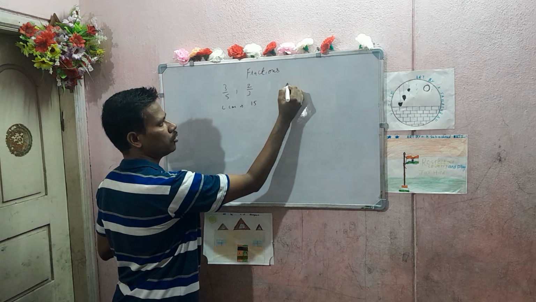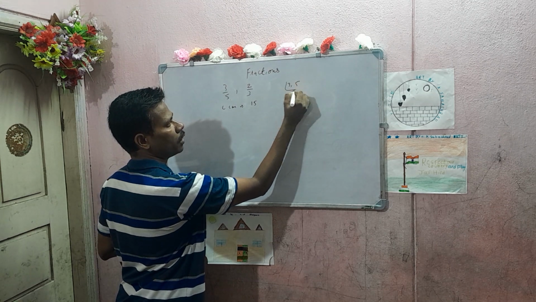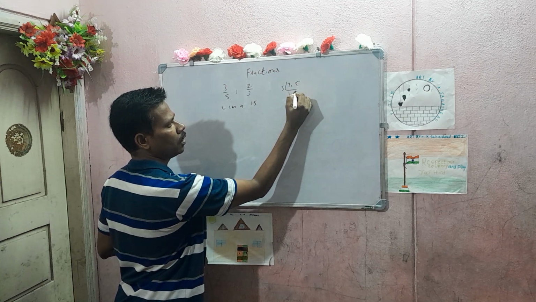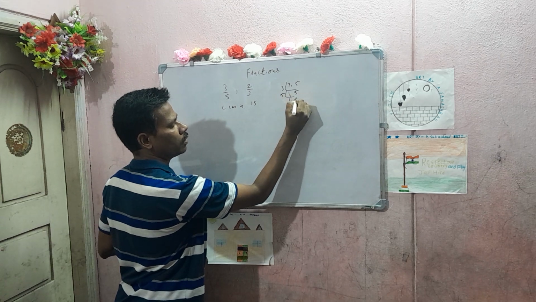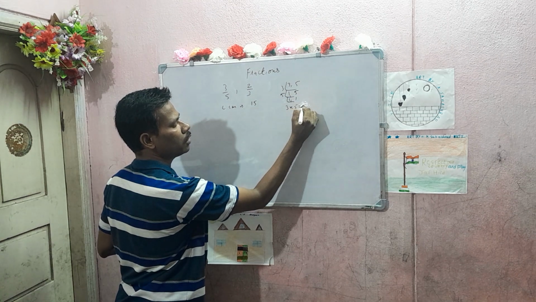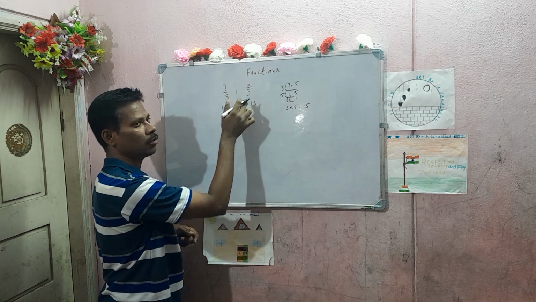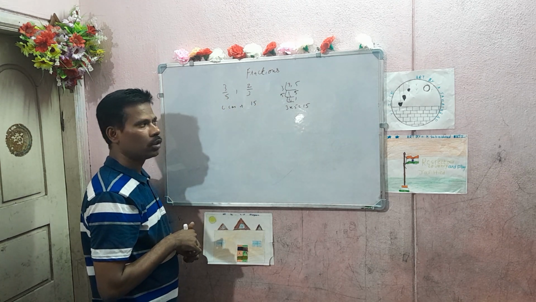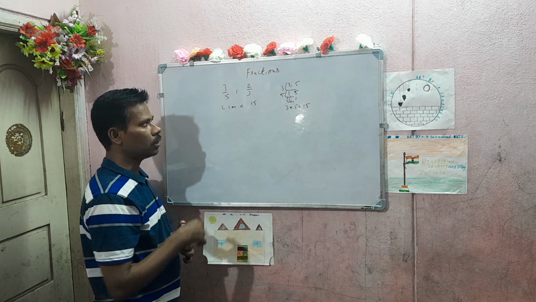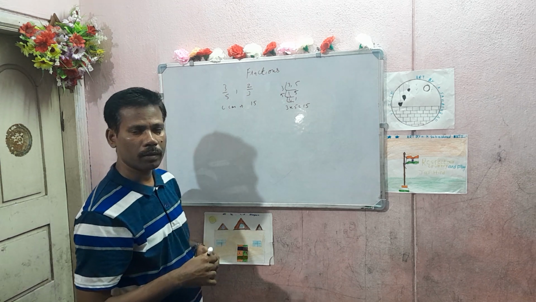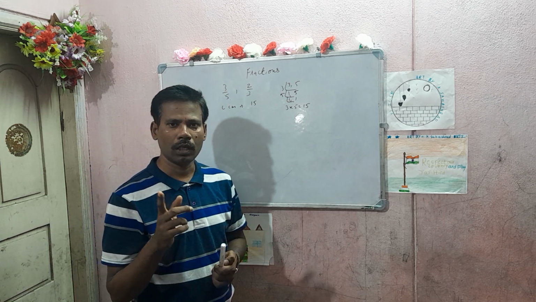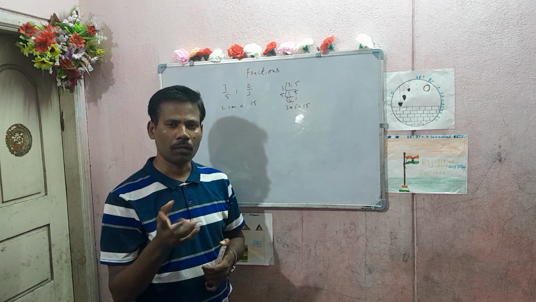Or else we can do it like this: 3 and 5. 3 ones are 3, 5 ones are 5. 3 into 5 is 15. 3 and 5 are prime numbers. What is meant by a prime number? A prime number has only two factors: the number and itself.